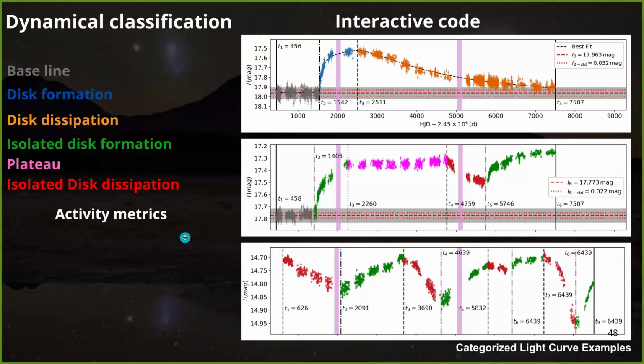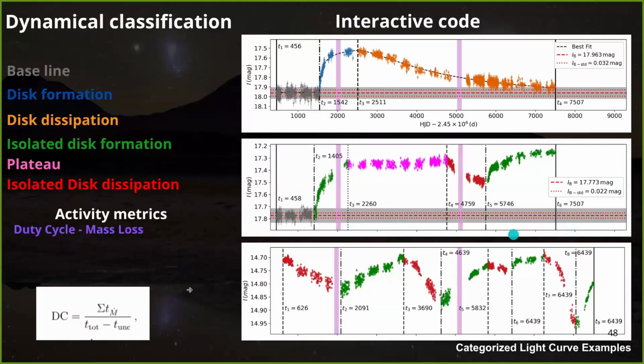The first one, sorry, is the duty cycle. We use this quantity to track the amount of time the star is losing mass. We basically combine all the times where there is mass loss. For instance, in this first case, this is happening just for this part.